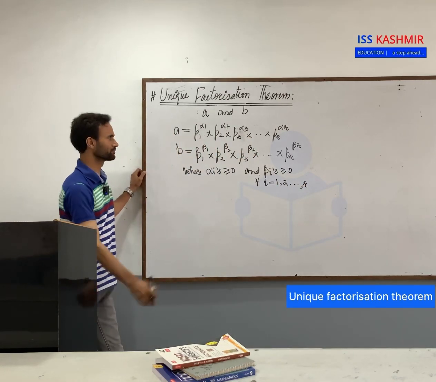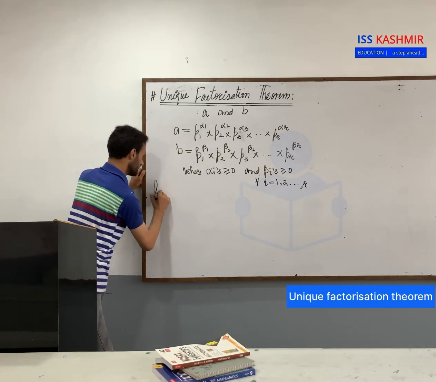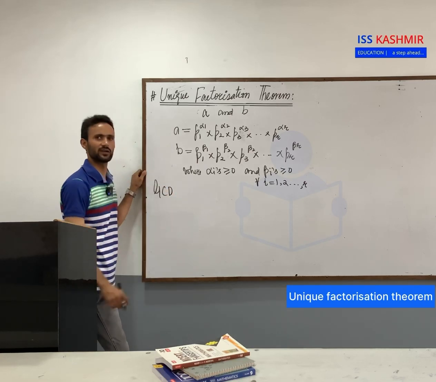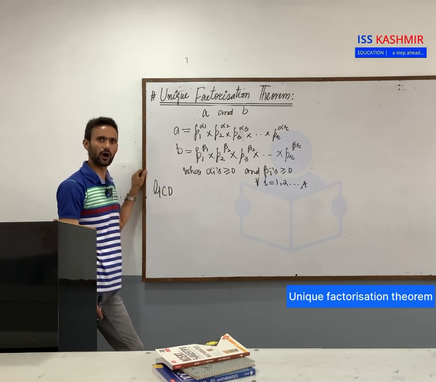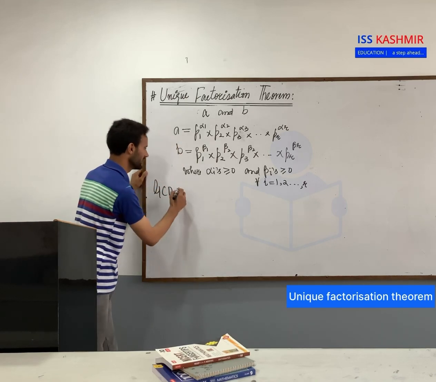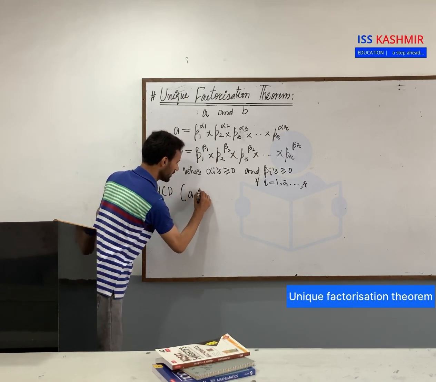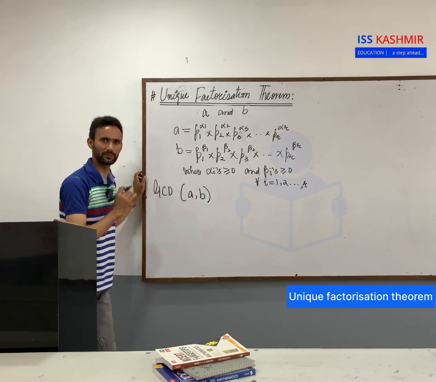Now, the greatest common divisor, also known as the HCF of two positive integers a and b, is written as (a, b) within the open brackets.